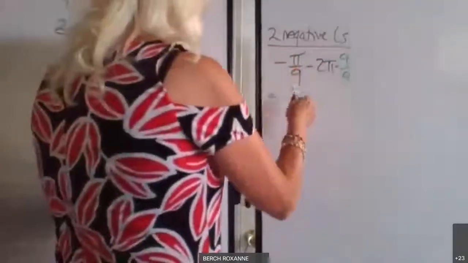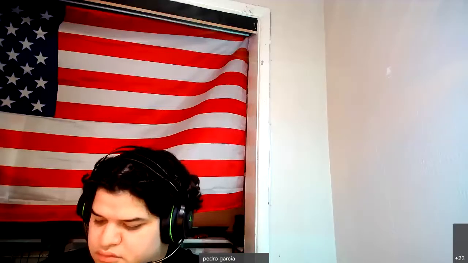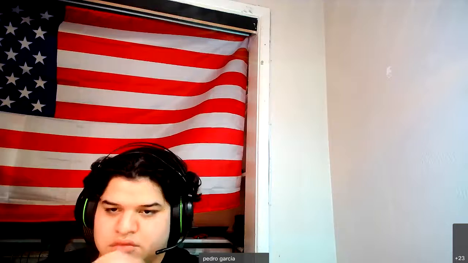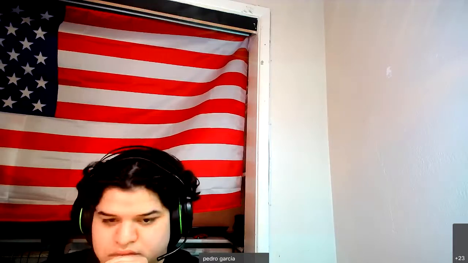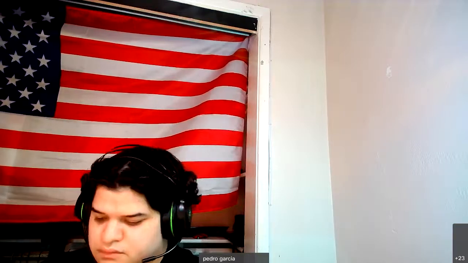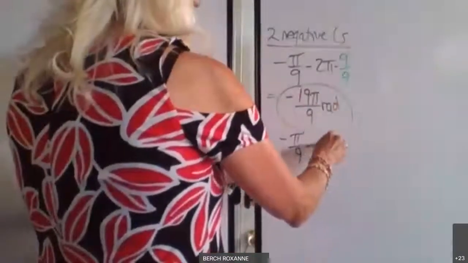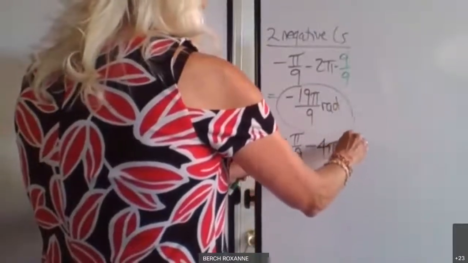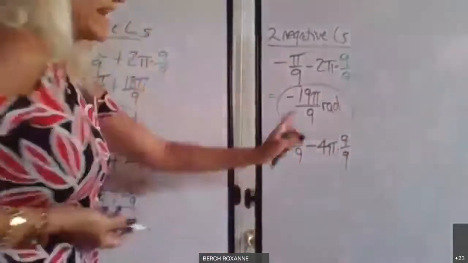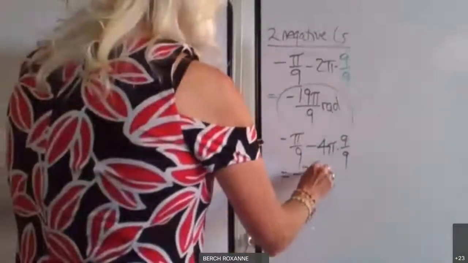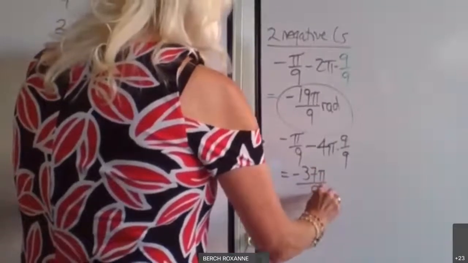Negative 19. And how would you find another one that's nearest? Four pi. So wouldn't this be negative 36 and negative 1 would be negative 37 pi over 9 radians?